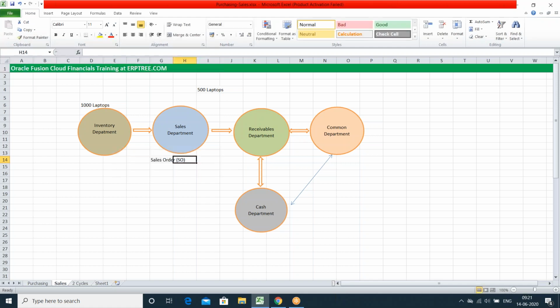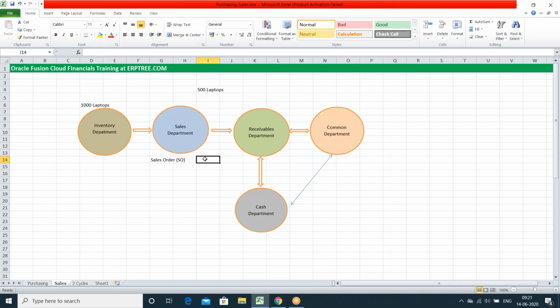SO. Any order from the customer, the sales department records that information in their books as a sales order. From the customer's point of view, why is the customer placing the order to purchase? That is a purchase order. For customers, they record it in their books as a purchase order.